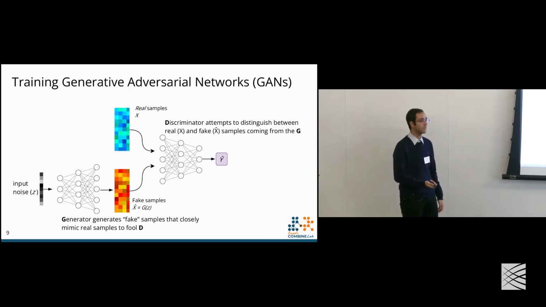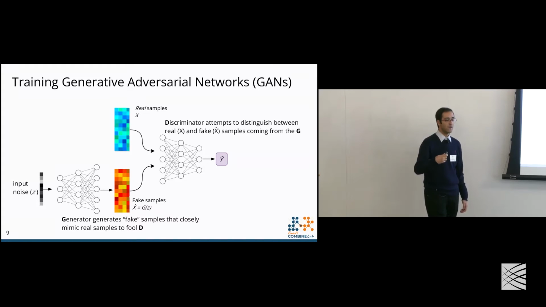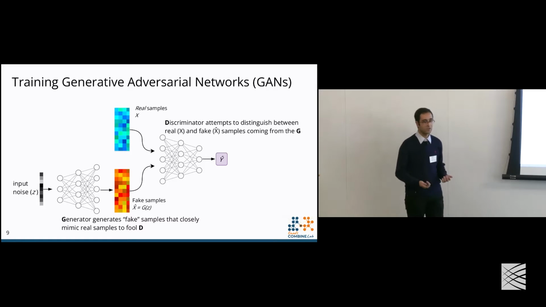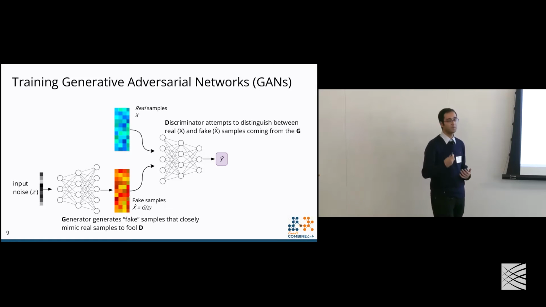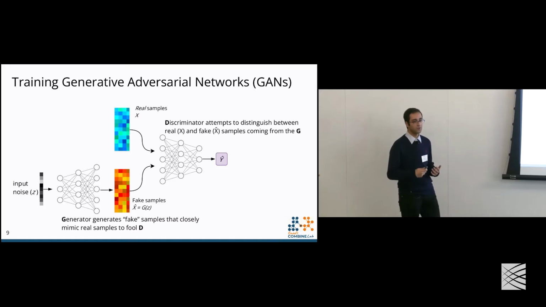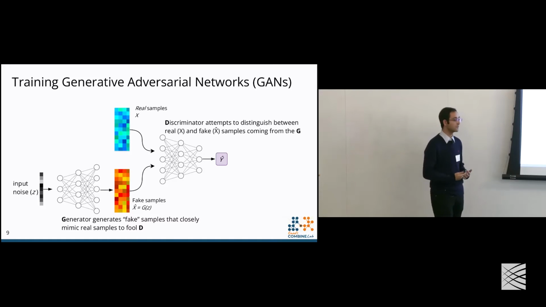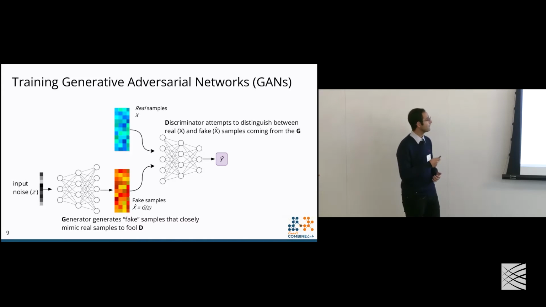So it is discriminating between the two. The idea here is that these two players will co-evolve in a symbiotic manner. The Nash equilibrium of this game, our global optimum, is that the generator is so good, it always generates realistic samples, and it always confuses the discriminator, and the discriminator has an accuracy of 0.5.